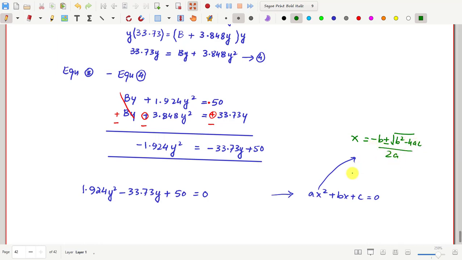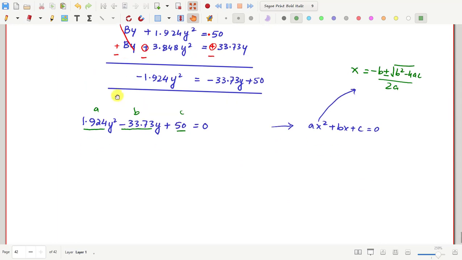This is the equation. So in our case, this is a, this is b and this is c. Just put into this equation and you will get the desired results.